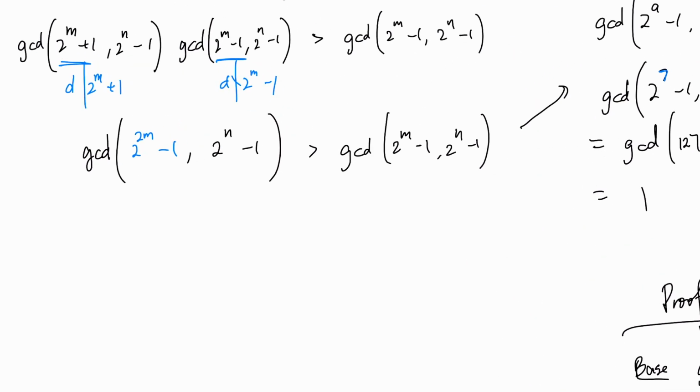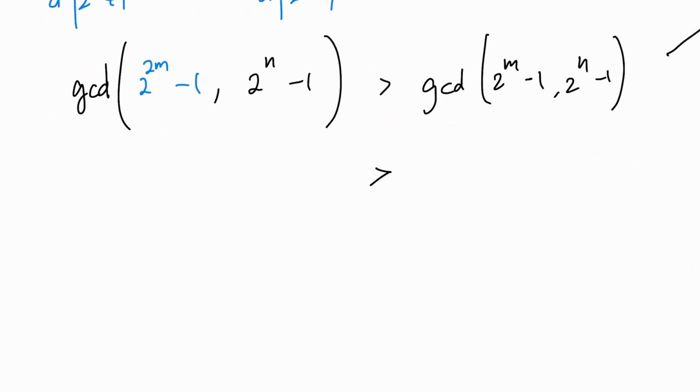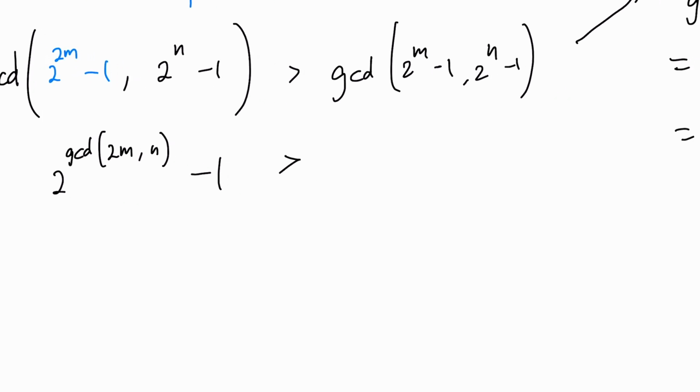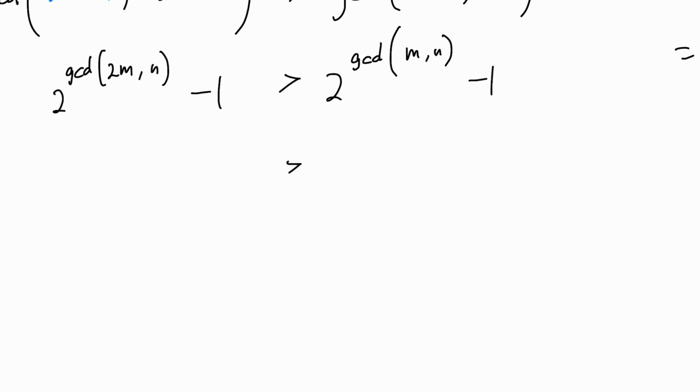Now let's go back. How do we simplify the left-hand side? The left-hand side is just 2 to the GCD of 2m comma n minus 1. And the right-hand side would be 2 to the GCD of m comma n minus 1. We can add 1 to both sides. We get 2 to the GCD of m comma n.